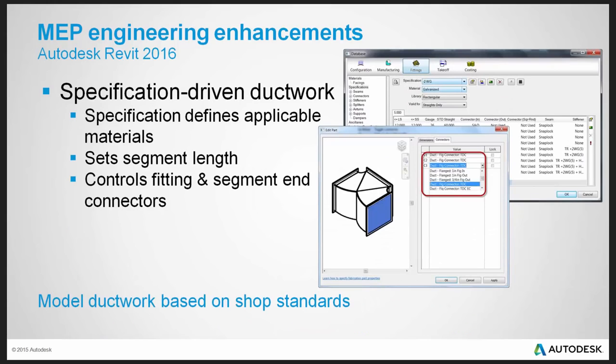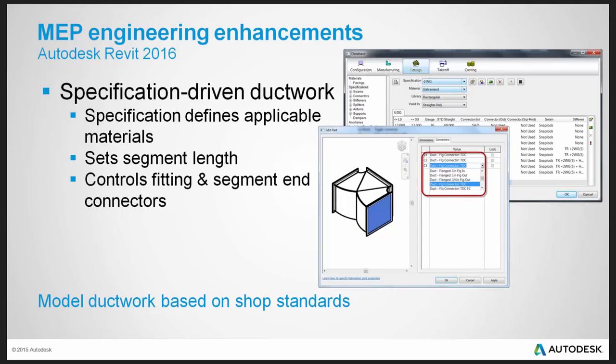So you'll see here, these are your Fab libraries, so just like within Fab, you're going to be able to use your specifications that you create in your Fab libraries within Revit, and you can use these specifications to drive your design. You'll be able to set your segment length.